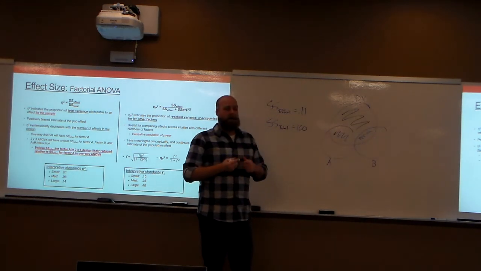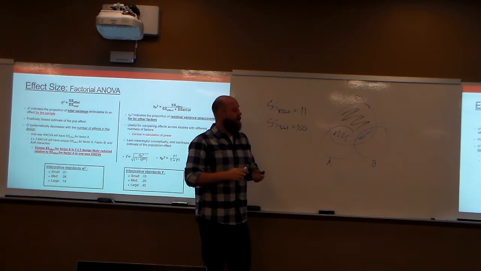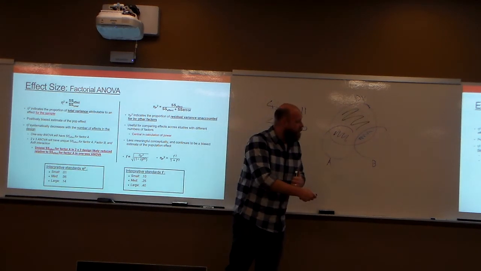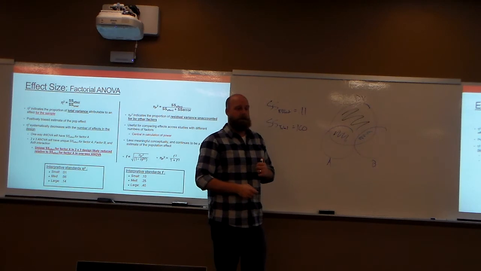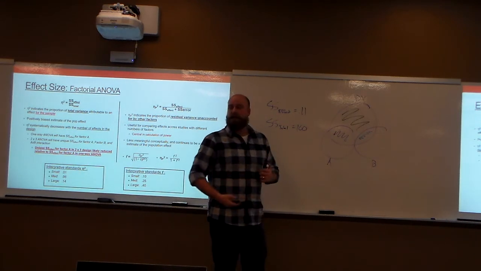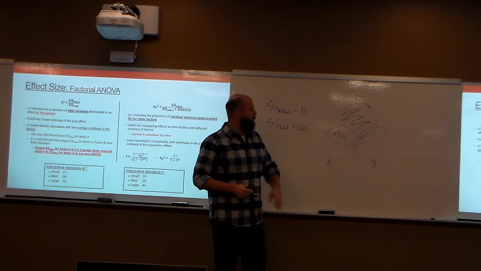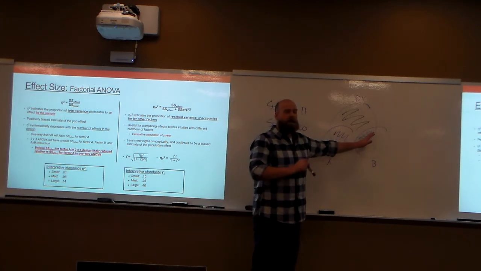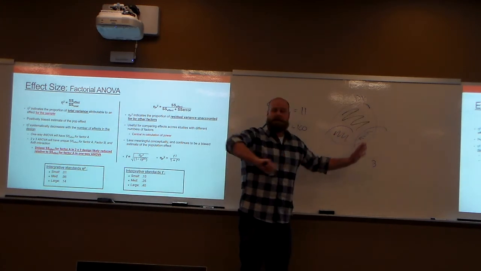And so what ends up happening to the denominator of my effect for partial eta squared relative to eta squared? It's smaller, right? Because this doesn't count. Partial eta squared says, well, this amount of variability is attributable to other factors, so we're going to take that out.